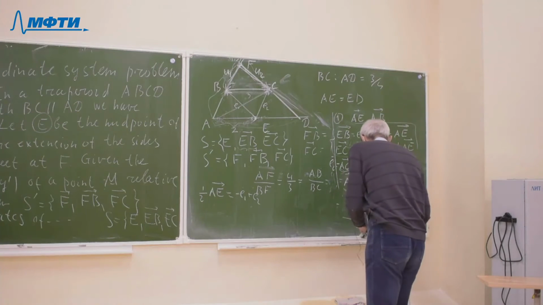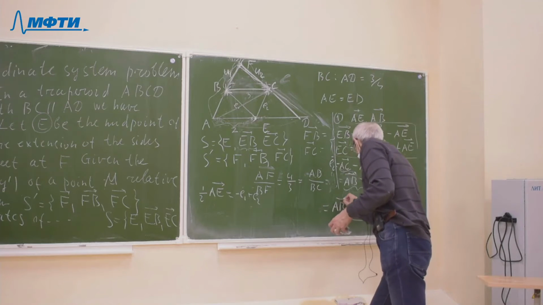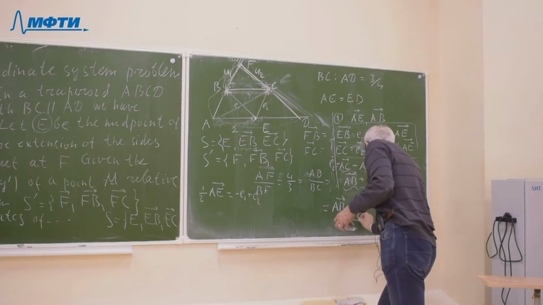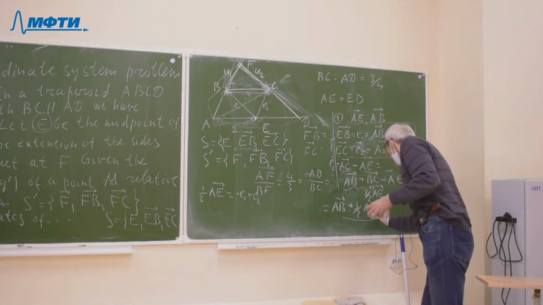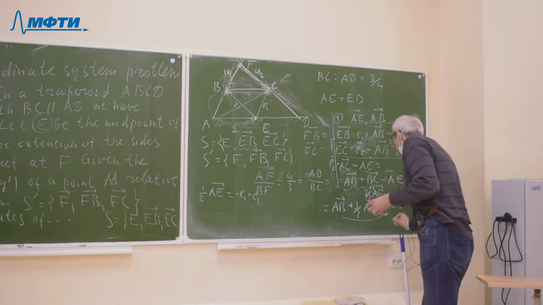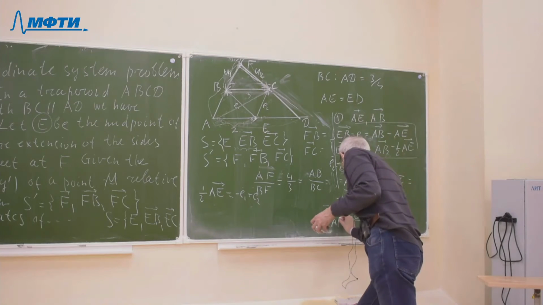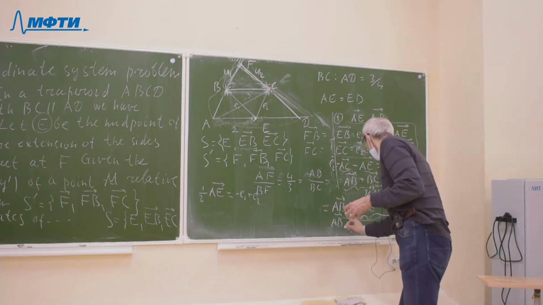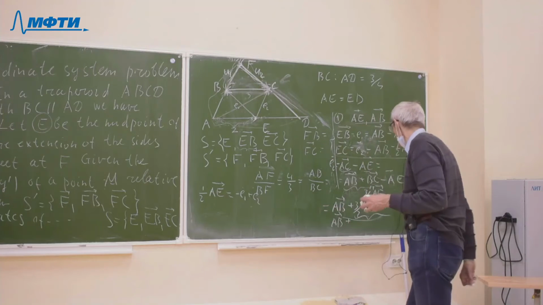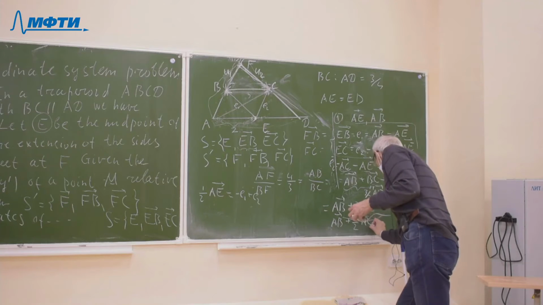And we obtain AB plus 3/2 AE minus AE. And after simplification, we obtain the sum AB plus half AE.